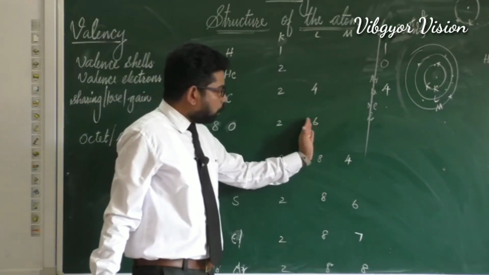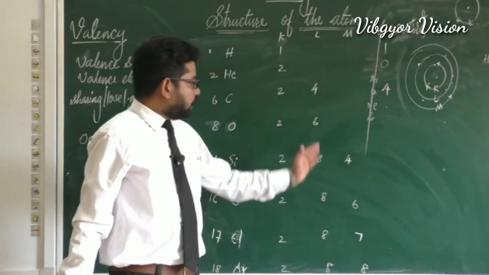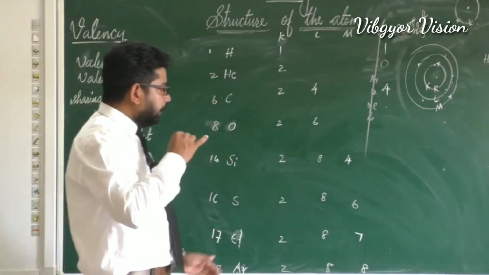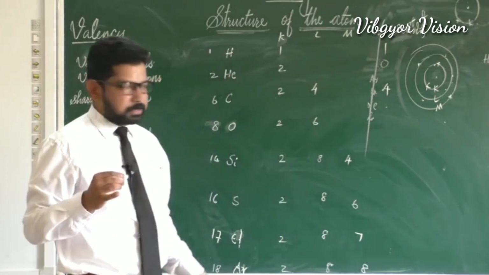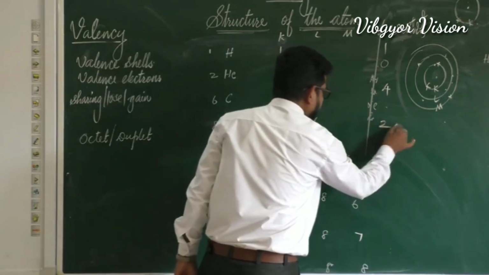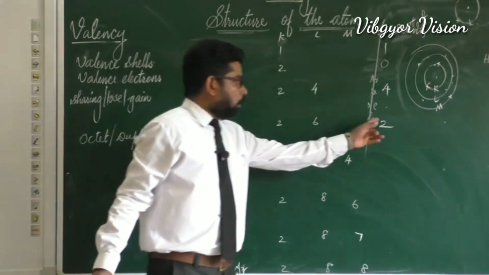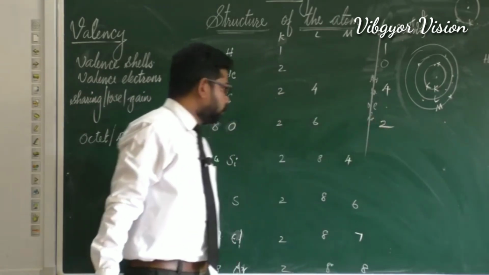So think, how can oxygen get 8 electrons? It has to gain 2 electrons. When it gets 2 more electrons, it will become 8. So how many electrons are gained here? 2. So its valency is 2.